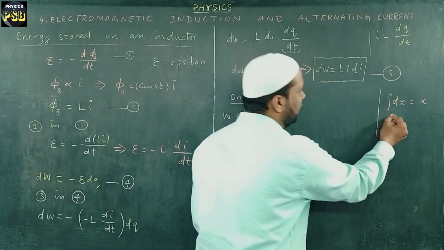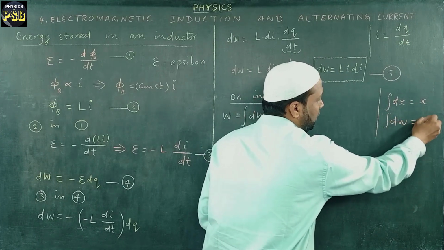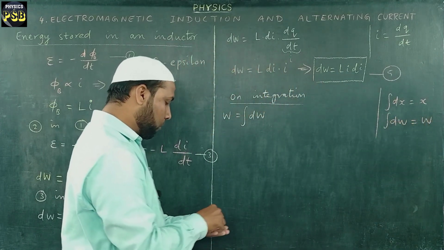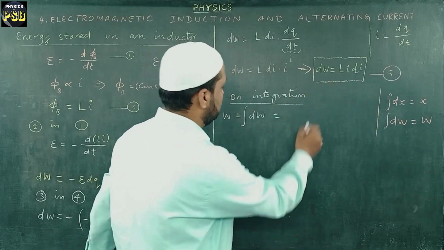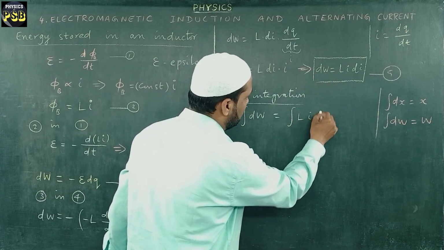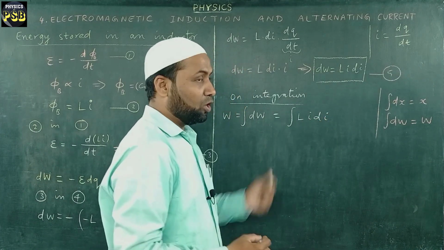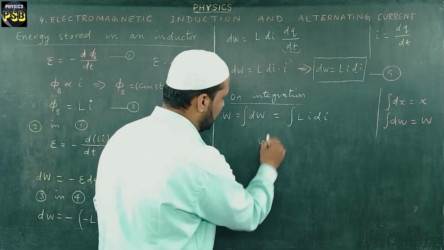In a similar way, the integral of dW will be W. Total work done is equal to the remaining term, the integral of L i di. Here L is constant, so it is taken out.